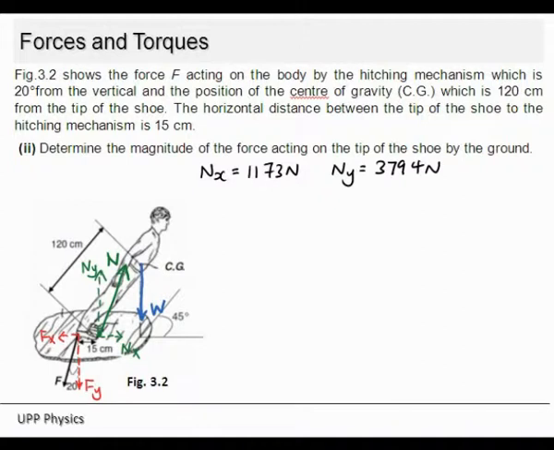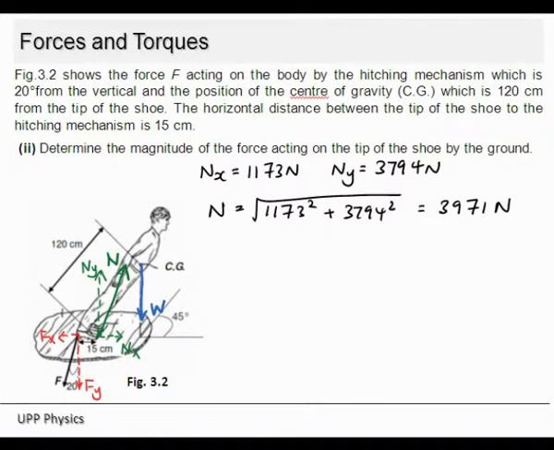So we have to add them up as stated previously using the Pythagoras theorem. So 1173 squared plus 3794 squared, putting square root. And the answer is found to be 3971 Newton.